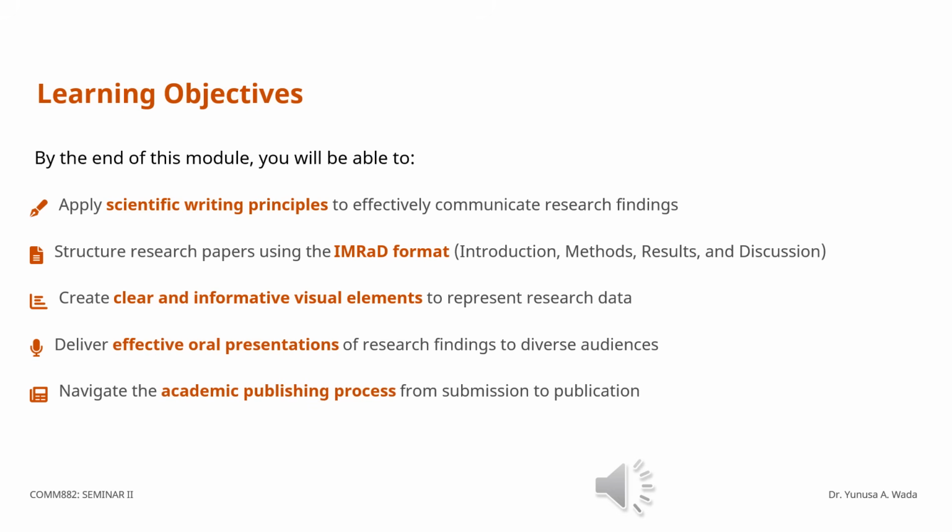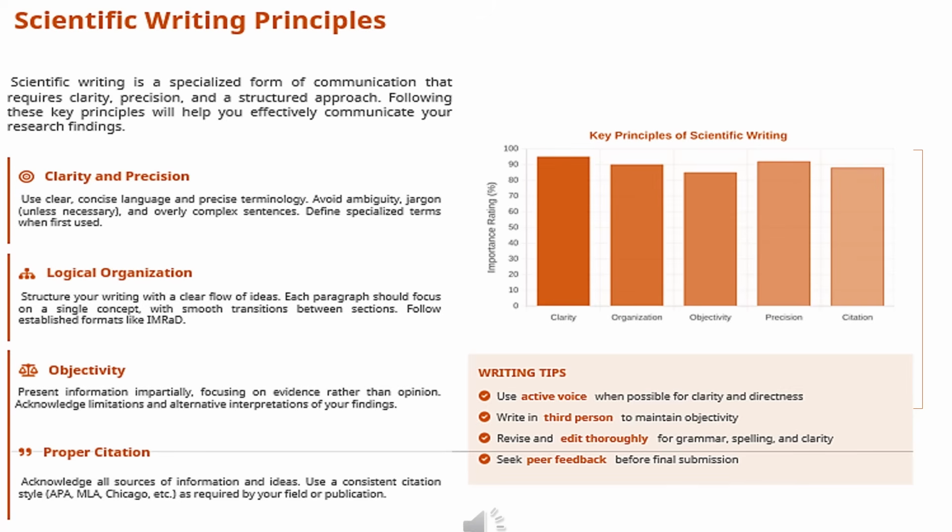So let's dive proper into the key principles of scientific research writing. Unlike other forms of writing, scientific or academic writing is distinct and usually it's a specialized form of communication that requires four fundamental principles that will help you effectively communicate your research findings.